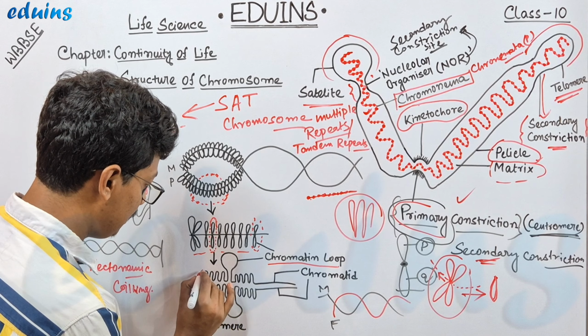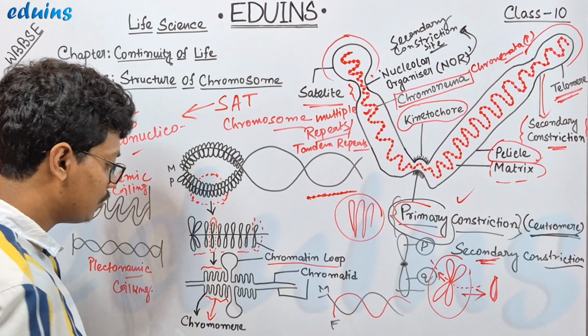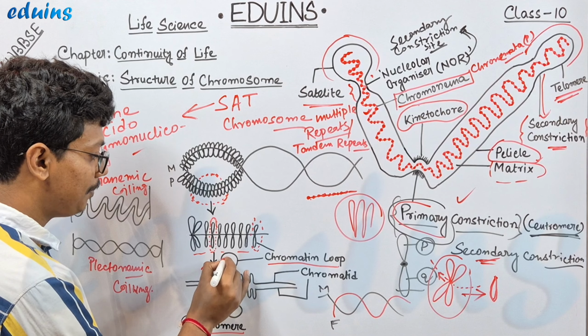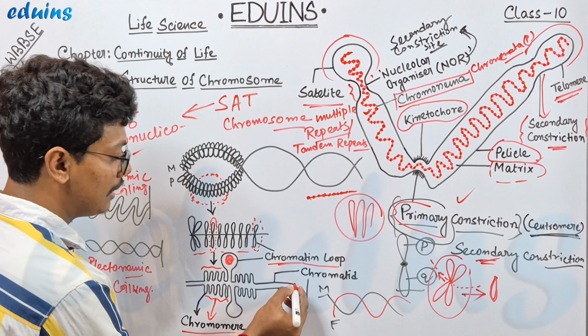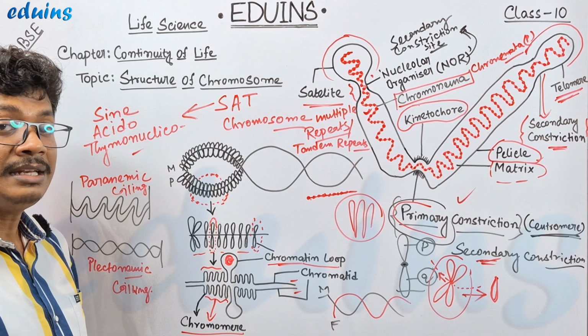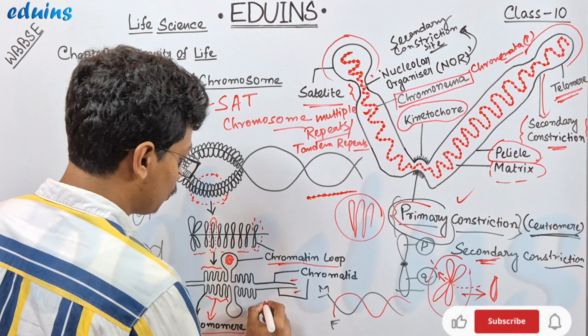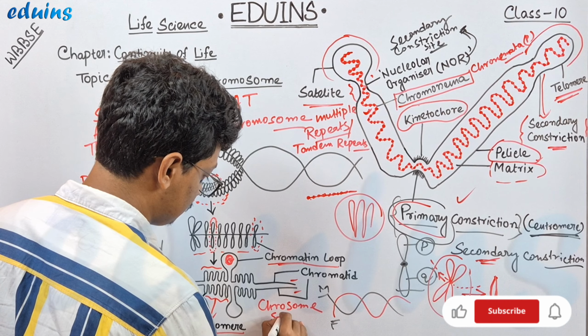The small bumpy portion is known as the chromomere, this bulb-like structure is known as the chromatin loop, and these are the chromatid threads. So this is about the chromosome structure.